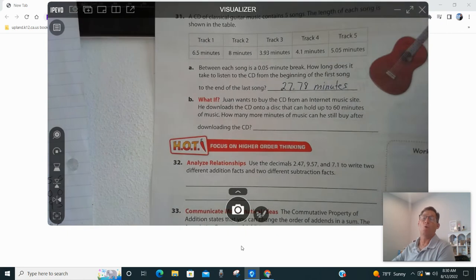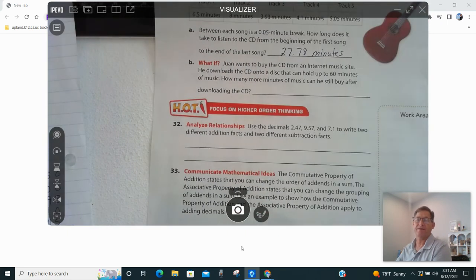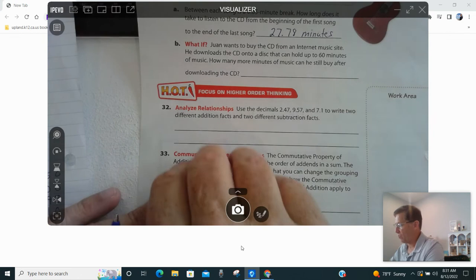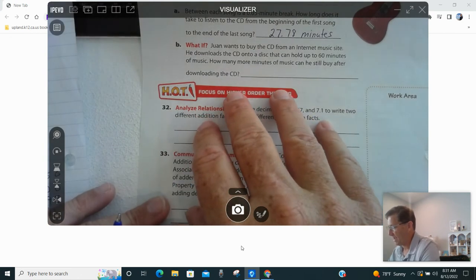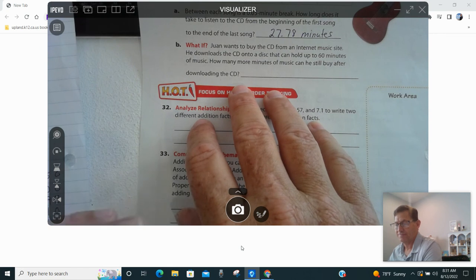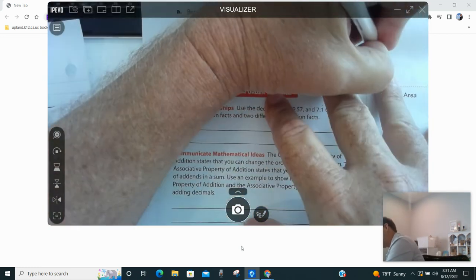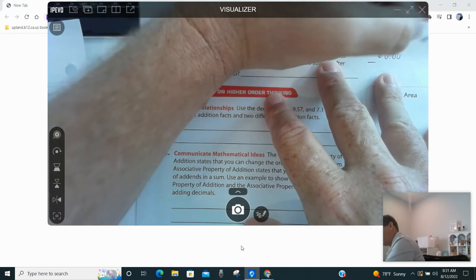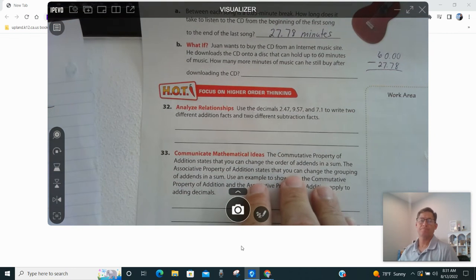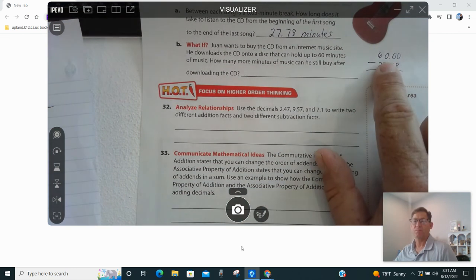If Juan wants to buy the CD from an internet music site, he downloads the CD onto a disc that can hold up to 60 minutes of music. How many more minutes of music can he still buy after downloading the CD? Well, that's just 60 minus the 27.78. So again, there's a decimal point after 60.